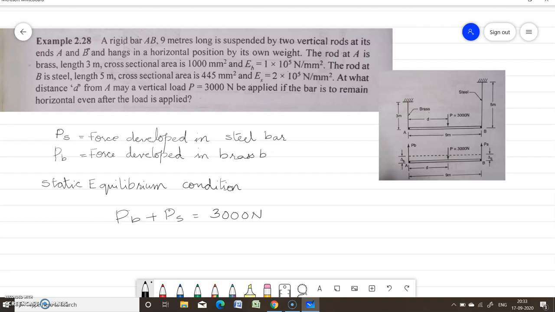That is, the bar AB remains horizontal even after the application of this load means both of these rods made up of brass and steel have elongated or extended through the same distance.